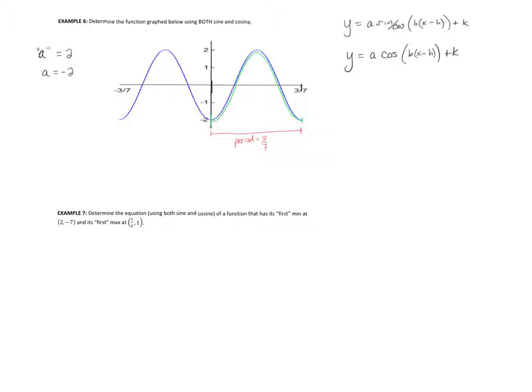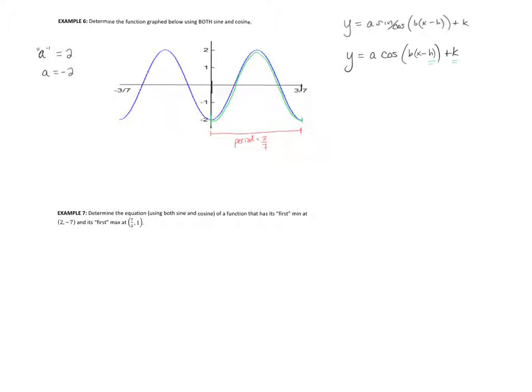It's just a cosine that's been flipped upside down. In other words, its original guy might have looked like this. So we're not going to have to worry about h and k here, because this thing has its axis right on the x-axis, and it doesn't have any kind of shift.